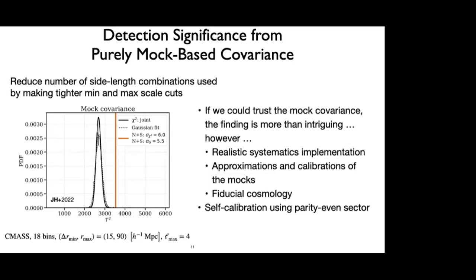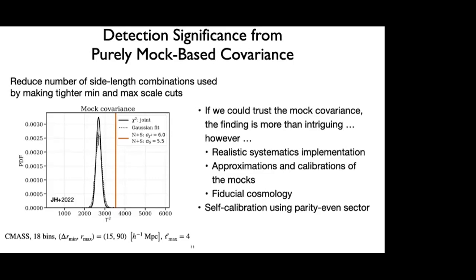However, we still need to worry that the systematics implemented in these mocks do not fully capture the survey realism, and it might underestimate the error bar. Also, these mocks themselves are based on approximated methods in gravitational evolution, and they also rely on calibration and parameter tuning.